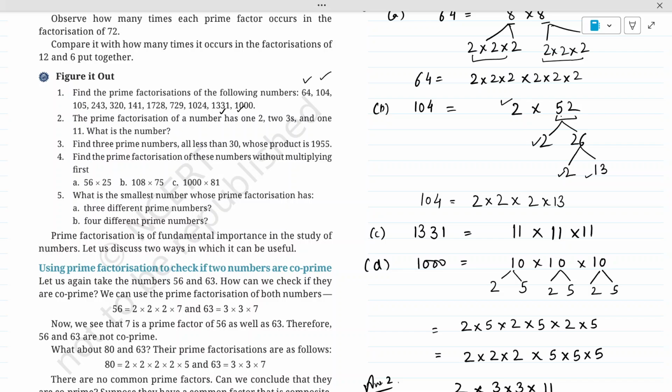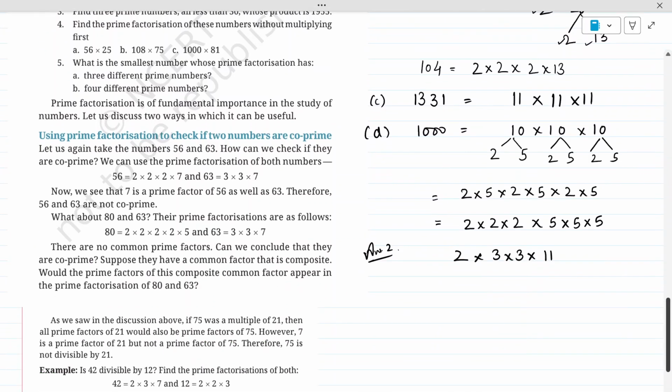That means we are not missing any number. So what we have to do is multiply them and we'll get the number. So the number here will be 3 into 3 into 2, 3 into 3 is 9, 9 into 2 is 18. Now what we have to do is multiply 18 with 11, which will give us 198. So this is the number.